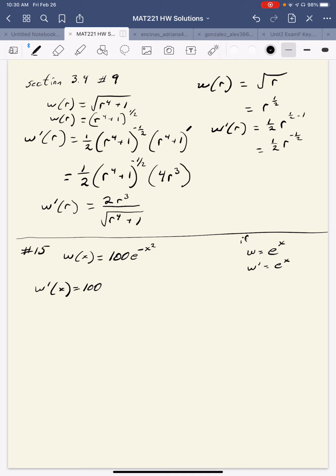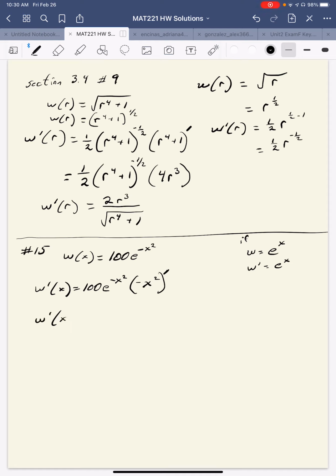And then I have e to something, the derivative of that gives me still e to that something, so e to the negative x squared. But now I have to deal with that something. I have to take the derivative of it. So I multiply my previous information by that derivative.